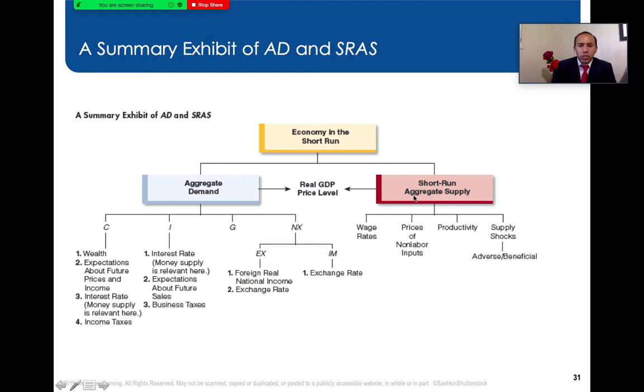The supply of goods and services is affected by the wage rate, non-labor inputs, productivity factors, and supply shocks that can be beneficial or adverse. When the supply of goods meets the aggregate demand for goods and services in the economy, we have mutually beneficial exchanges that occur in the economy, measured by gross domestic product at a given price level.